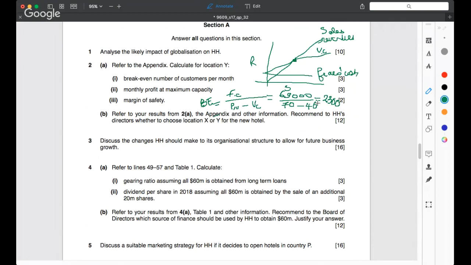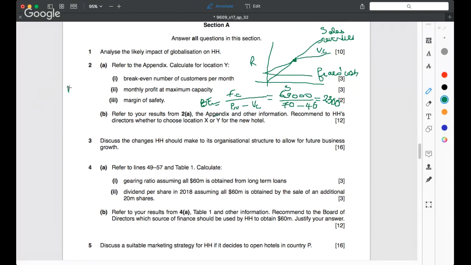Okay, perfect. And the third question, the monthly profit at maximum capacity. You work this out by taking your total revenue at maximum capacity minus your total costs at maximum capacity. You work out total cost at maximum capacity. Let's write that.